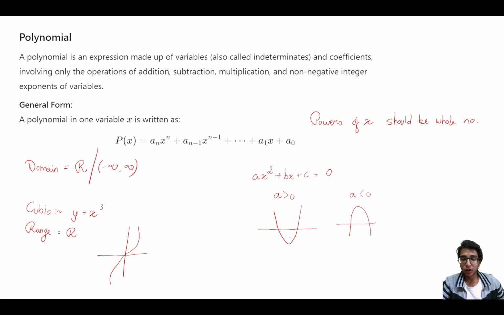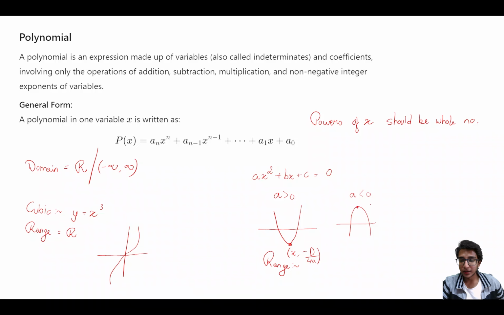Now generally, how do we write down the range for any quadratic equation? The range, because for the vertex of a quadratic equation, whatever be the x coordinate, we are not worried about that. The y coordinate is generally minus delta, or minus discriminant by 4a.